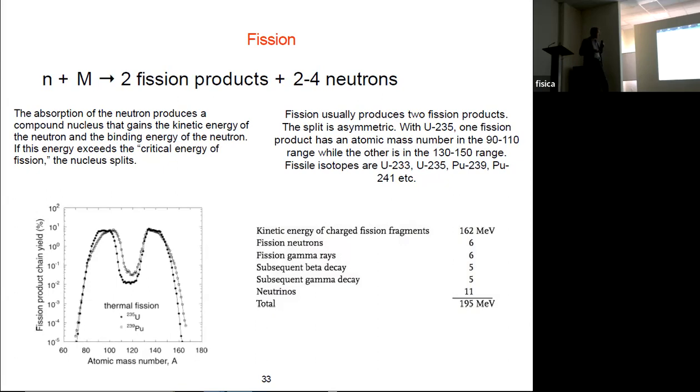Beta decays also lead to the excitation of the fission fragments, and of course about 10 MeV of energy goes to the neutrinos, which actually take energy away from this reaction.